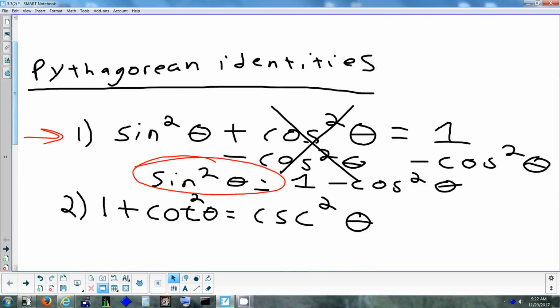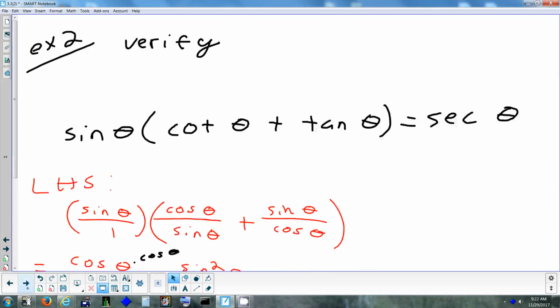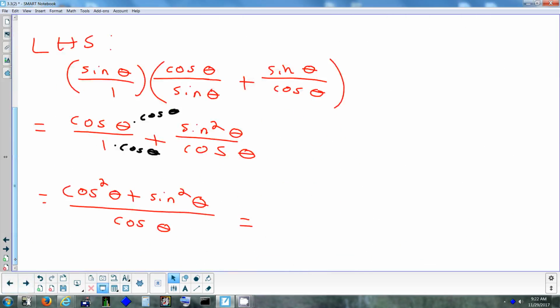It doesn't matter if you do cosine squared plus sine squared or sine squared plus cosine squared. The order is commutative. So that entire numerator turns into 1. And now from here we have a reciprocal identity. What is 1 over cosine? Secant.